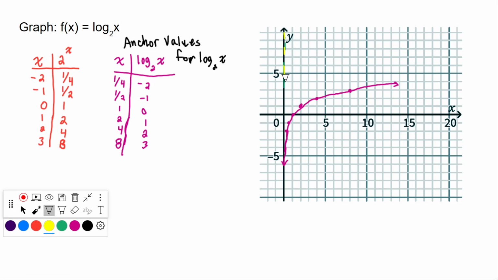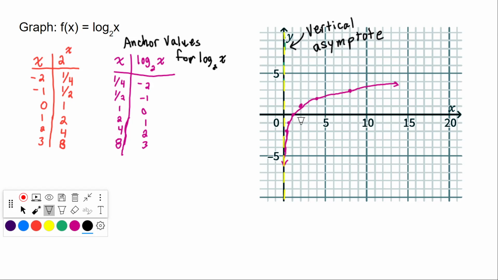So I'm drawing some yellow dashes on my y-axis. We call this a vertical asymptote. What that means is we have a line that our graph is approaching, but it is never actually reaching. And every logarithm has a vertical asymptote.